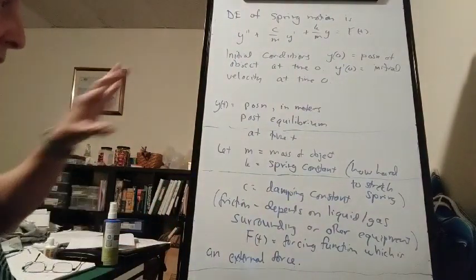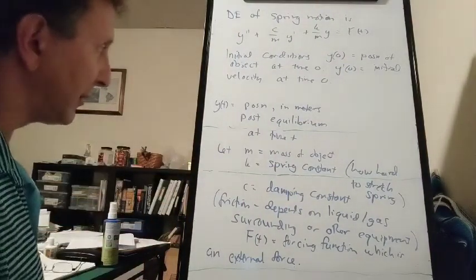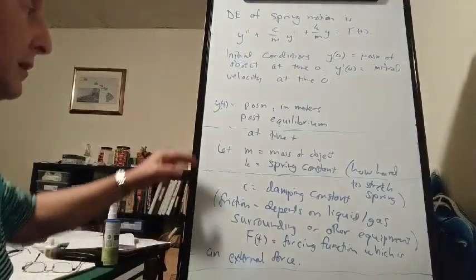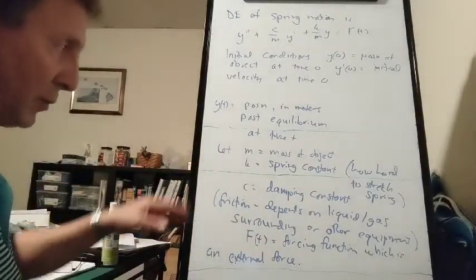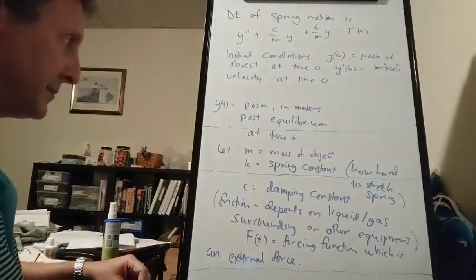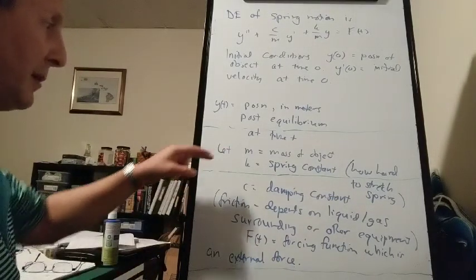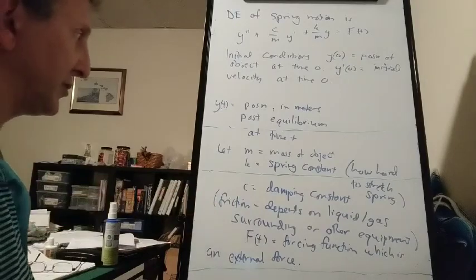Alright, now I don't want to use all of these in the first lesson, but let's look at the spring constant, which depends only on the spring, and do an example with no damping and no forcing function.